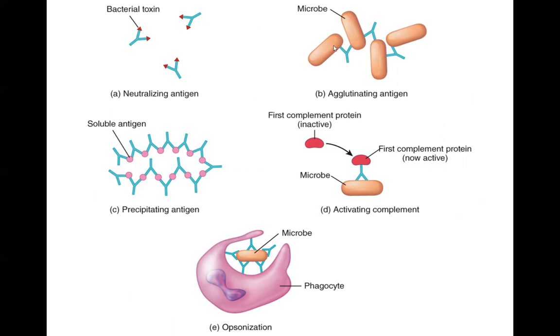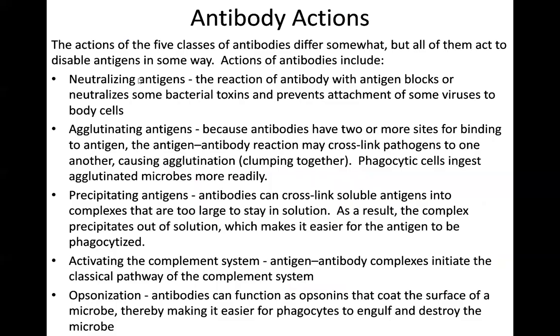You can see they pull them together, and so all those microbes get essentially clumped together, which then gives those macrophages, those Pac-Man cells, an easier opportunity to digest them, perform phagocytosis. Over on the left side of the page there, neutralizing antigens, what we talked about right here.